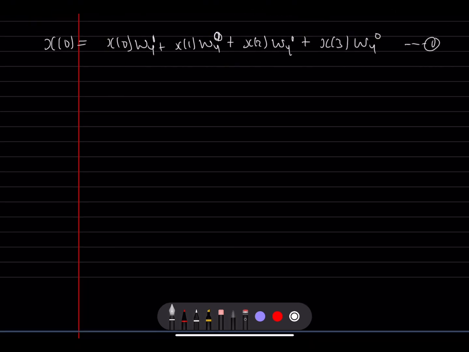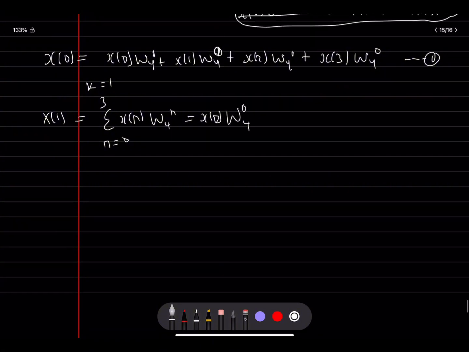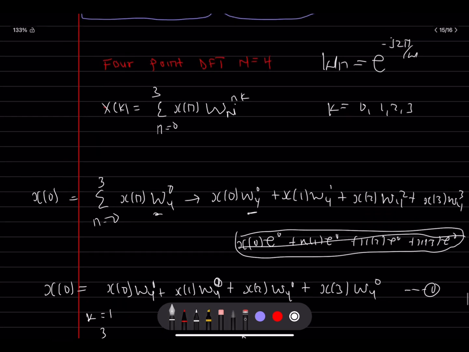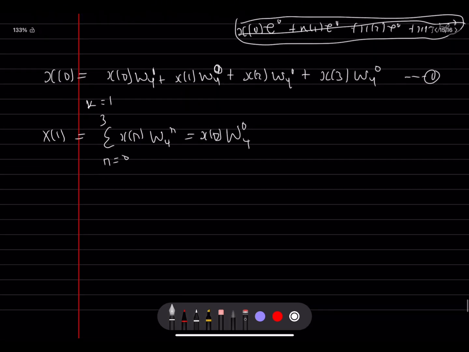So looking at k equal to 1, we are going to get X of k, or X of 1. Let me go straight away from there. X of 1 is equal to the summation of n equal to 0 to 3 of x of n W4 to the power nk, which is equal to x of 0 W4 power 0, because when I put 0 into this, it's going to give me 0 for the first element.